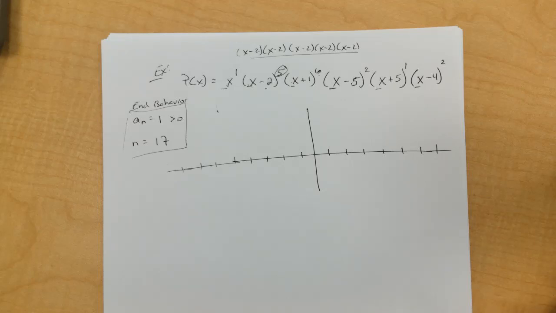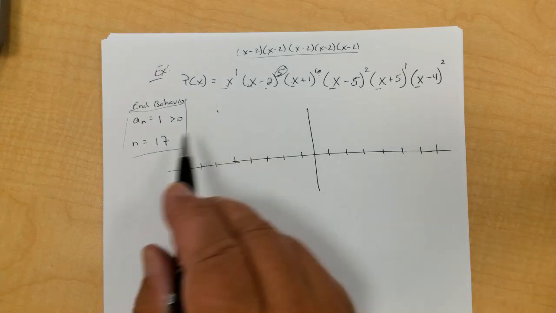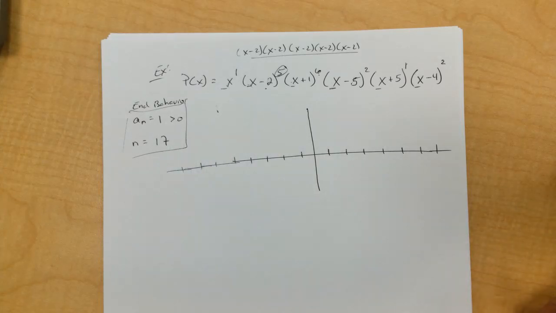You can tell me by looking at them. You get -5. Let's go left to right. So I know what you're trying to do. What's my first x-intercept? The next intercept is 0. 0, yeah.